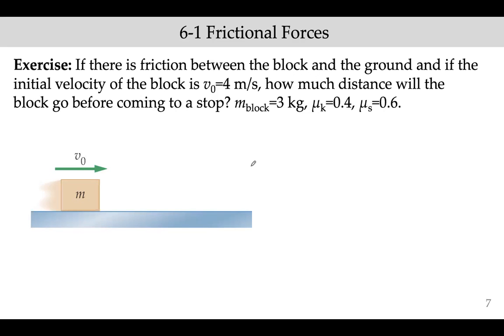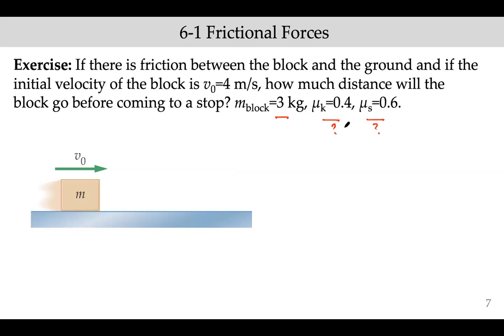If the initial velocity of the block is 4 meters per second, how much distance will the block go before coming to a stop? The mass of the block is given. The kinetic coefficient and the static coefficient of friction are given. So you have to choose which one to use. That's up to you to choose the correct one.